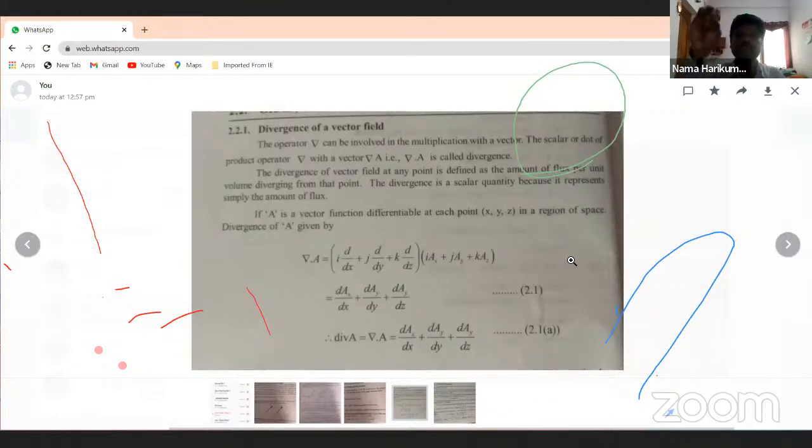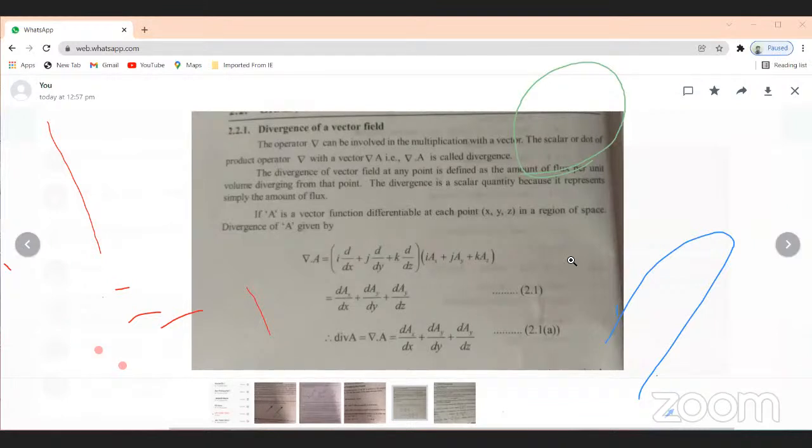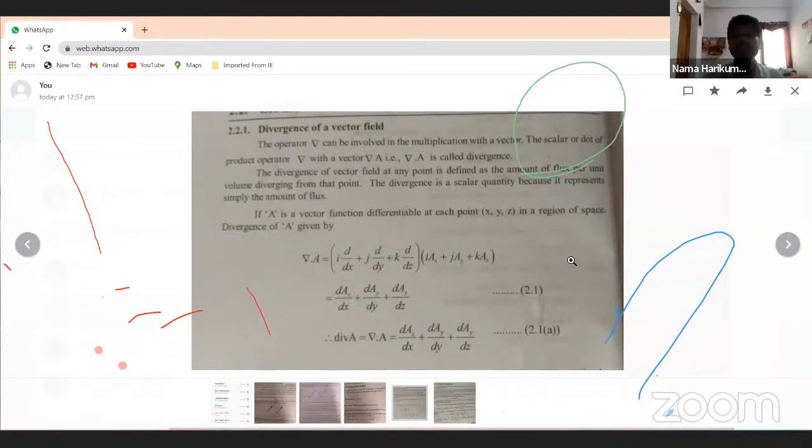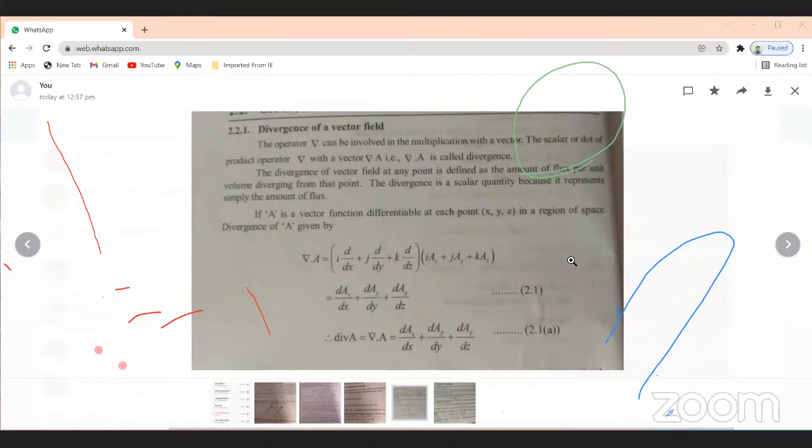With X, Y, Z as 3-dimension, you can take 2-dimension as X, Y, or Y, Z, or Z, X. That's why you have to consider the maximum dimensions. It is clear.